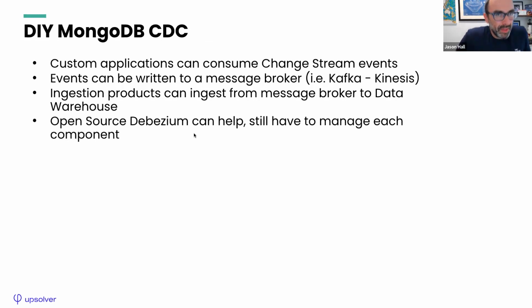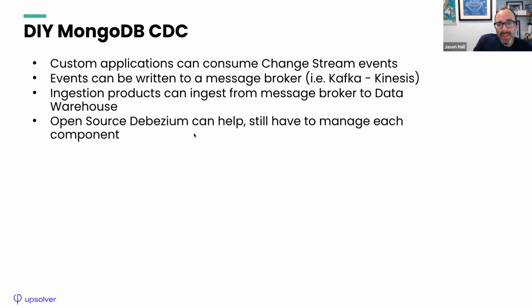So one of the options for ingesting data from MongoDB is to build your own CDC architecture. There are lots of APIs and solutions out on the market that can be combined to build a data architecture that ingests data from MongoDB and writes it anywhere. Again, I'll use Snowflake as the more common data warehouse platform today, but this applies to really anything.